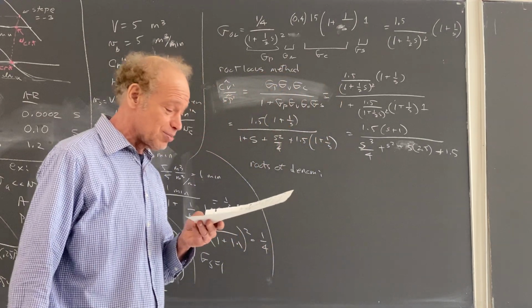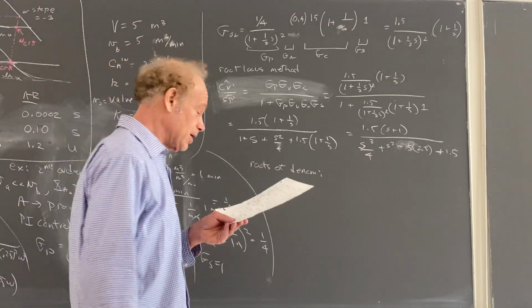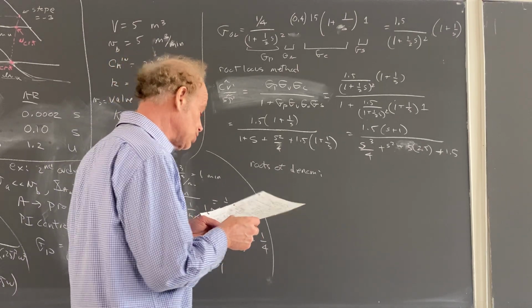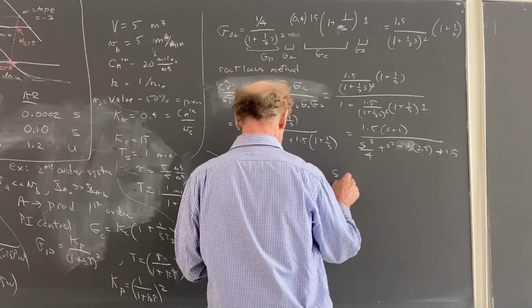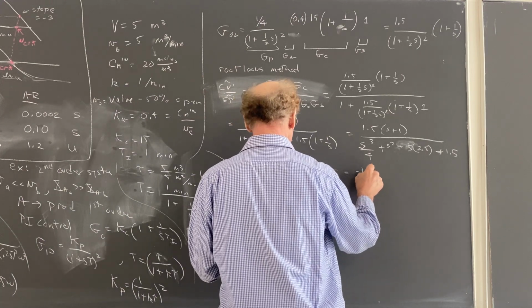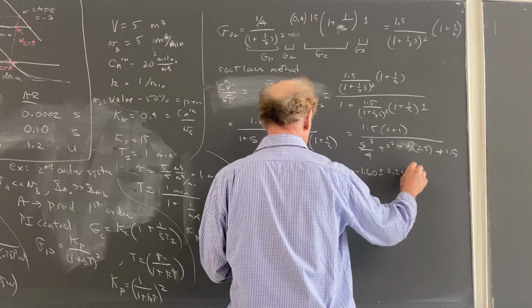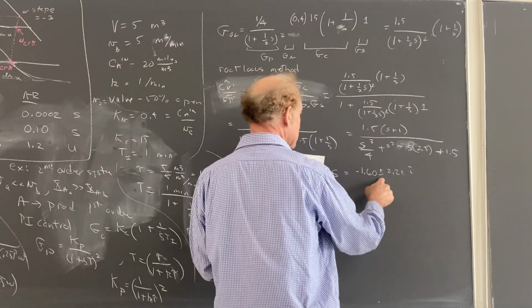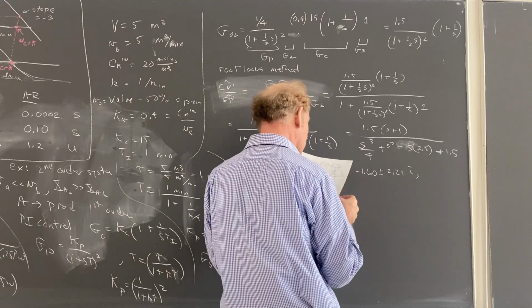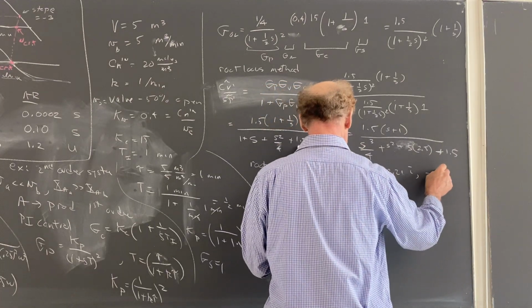Yes, I even got the arithmetic right. Miracles do happen. So let's see what the roots are. The roots are minus 1.60 plus or minus 2.21i. So that's 2 of the roots, and since the cubic has 3 roots, the other one is minus 0.81.